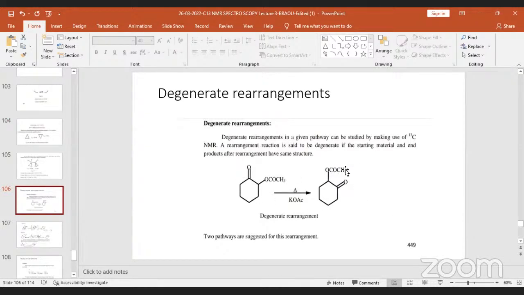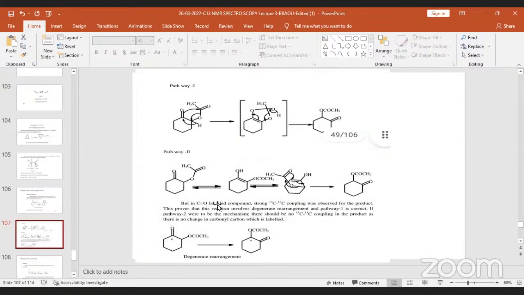So there will be homonuclear coupling. If the rearrangement occurs, there will be coupling between these carbons. If there is no rearrangement, there will not be any coupling. But coupling was observed, proving the degenerate rearrangement in this case, and this is the mechanism proposed.